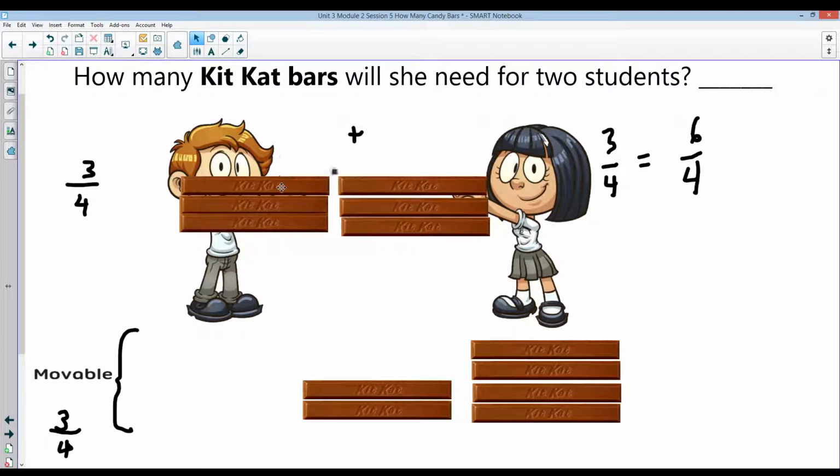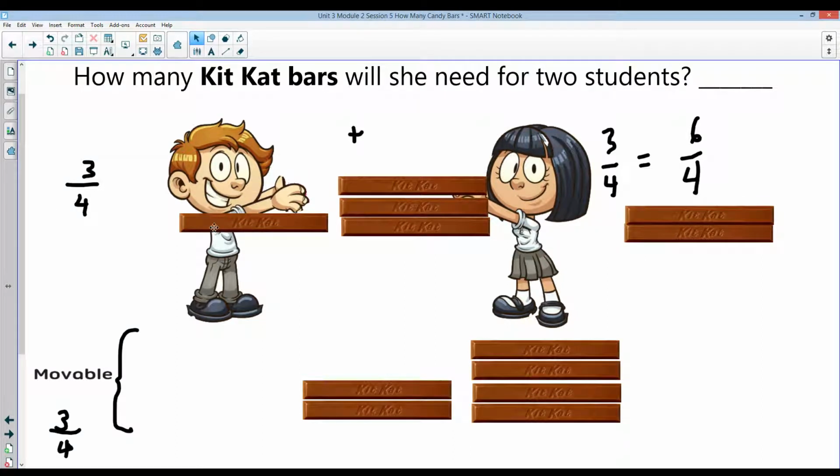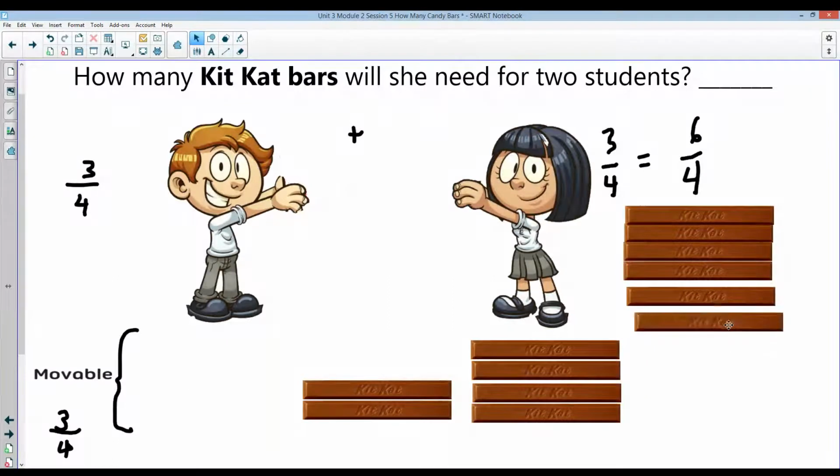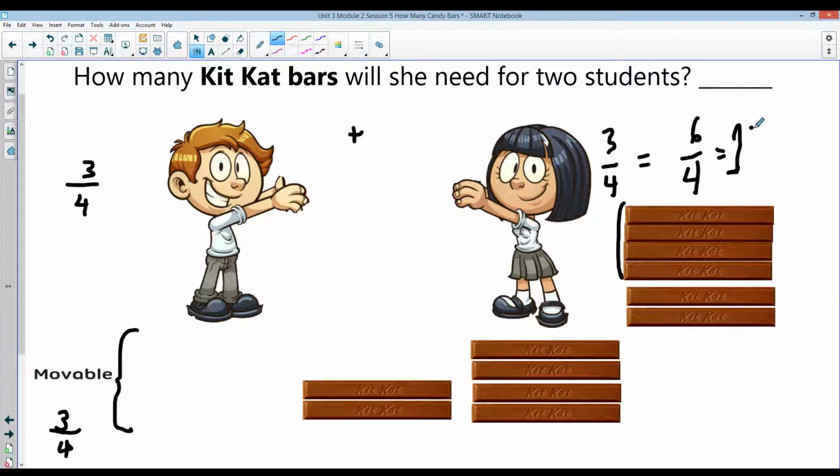When we add these together, we can because they're already in fourths. So we could put those back together and say that's like 1 2/4 candy bars, which equals 1 whole, which is right here, and 2/4.